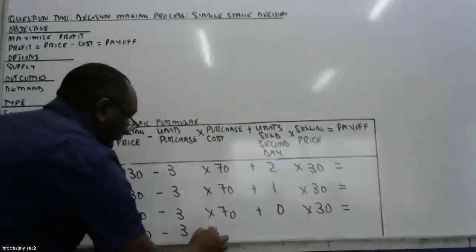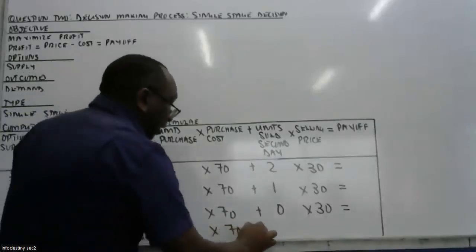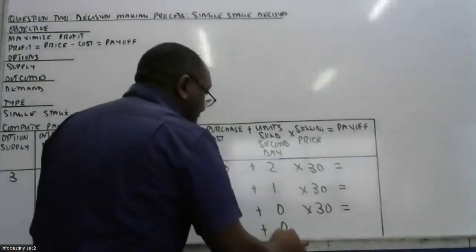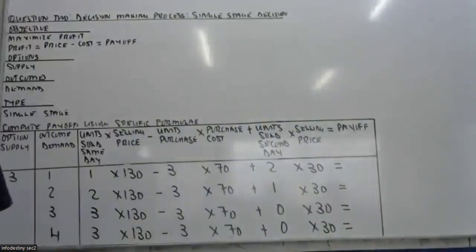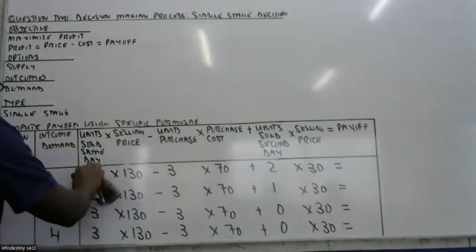You have bought 3 at 70. And 0 remains to be sold at 30. Are you following? Okay.